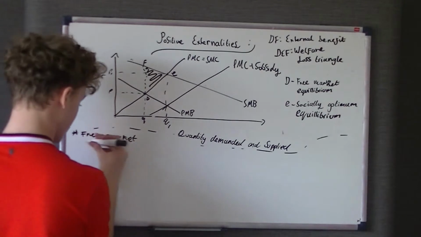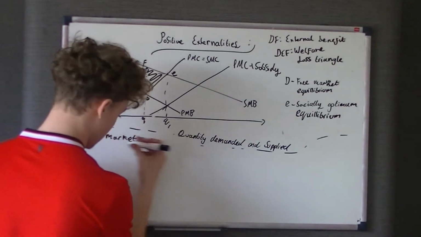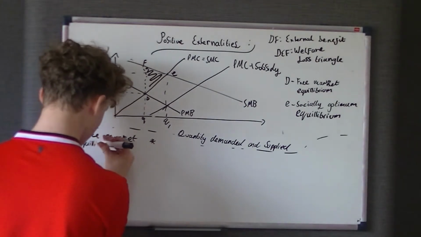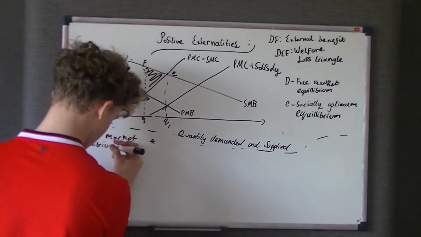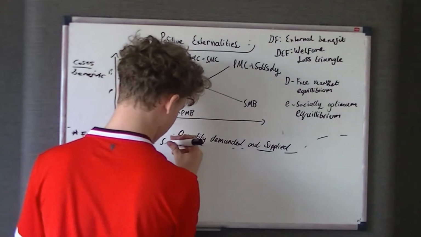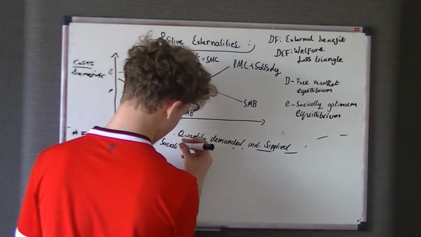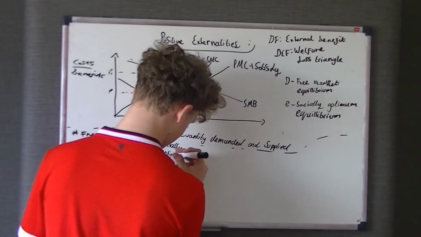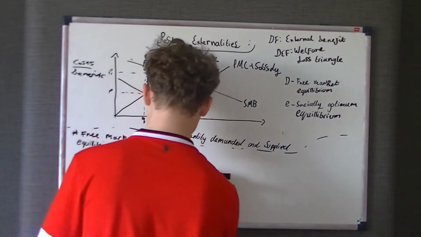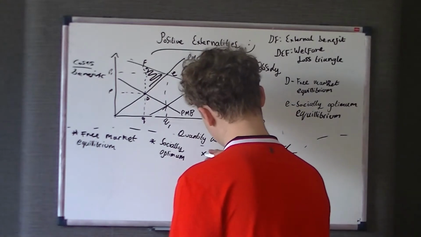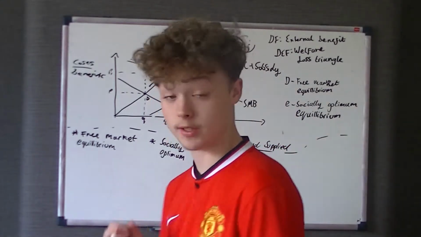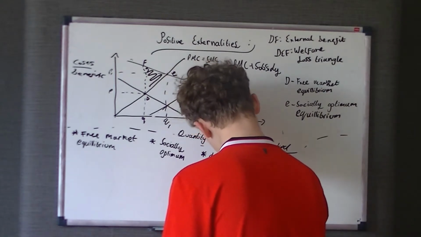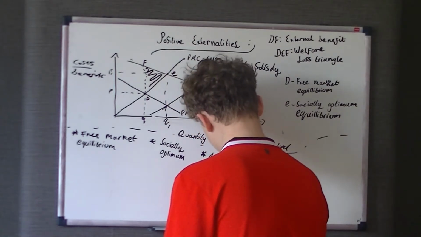So free market equilibrium, and the socially optimum equilibrium. Free market, socially optimum, and then you talk about the decision maker, and what they consider.